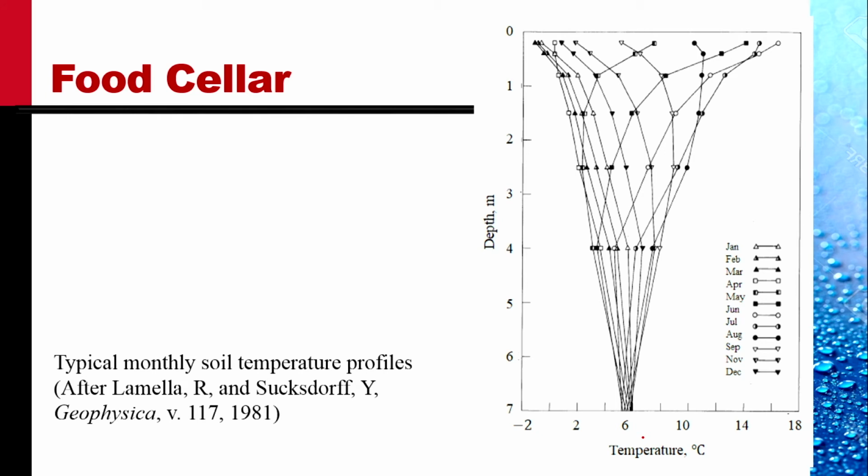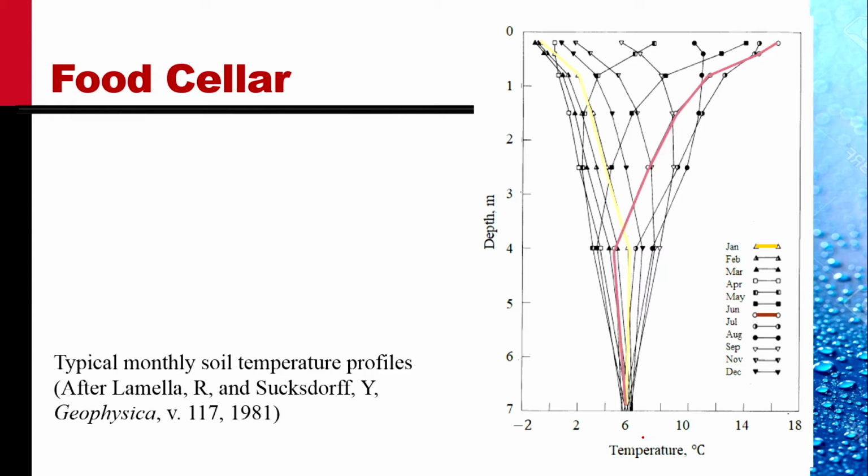This is some data I could find in literature. It shows typical monthly soil temperature profiles in a cold climate. Temperature varies between minus 2 degrees Celsius and about 16 degrees Celsius. This yellow line represents the average temperatures in the month of January.